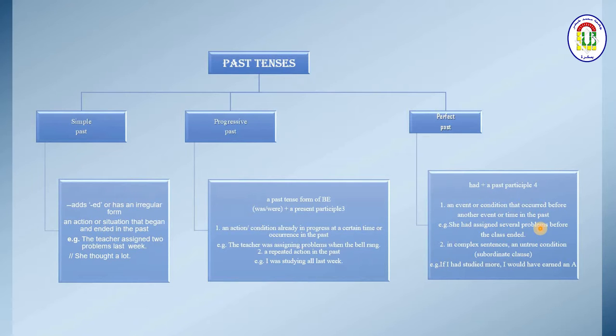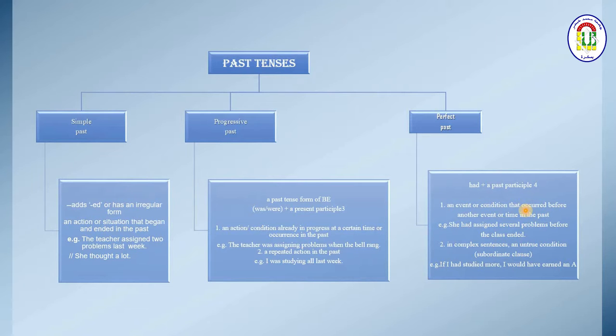So, had assigned several problems before the class normally ended. So an event or condition that occurred before another event or time in the past. So the two events, normally one before the other. So in the sequence.